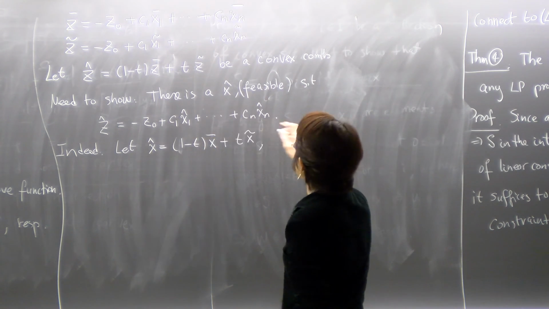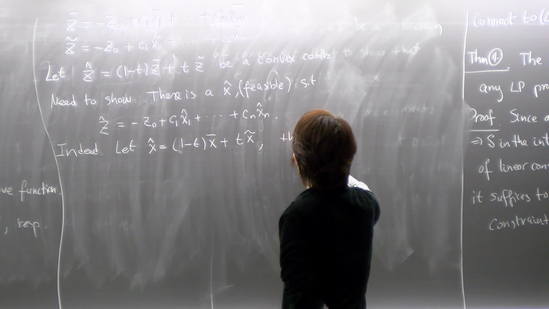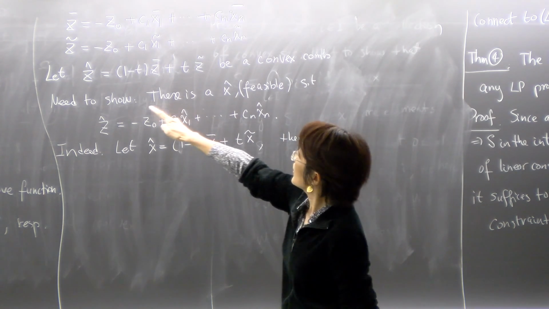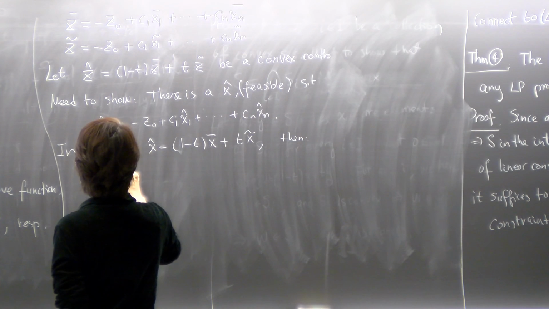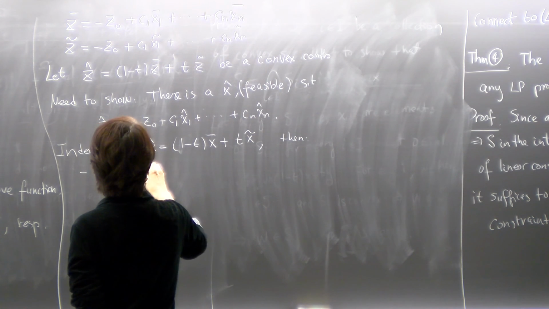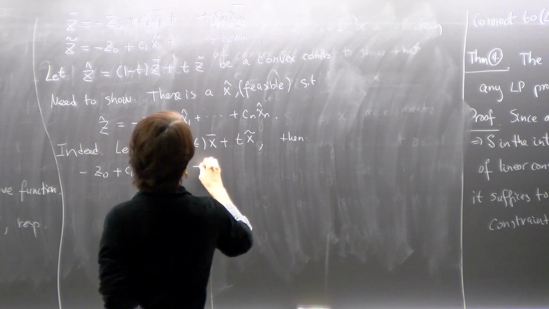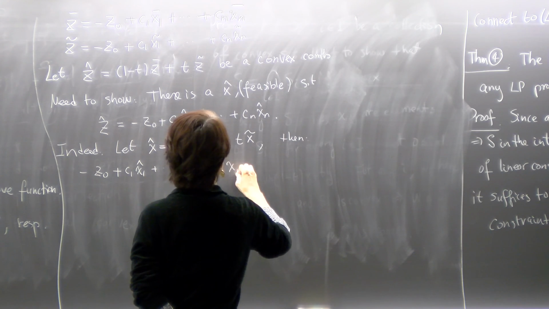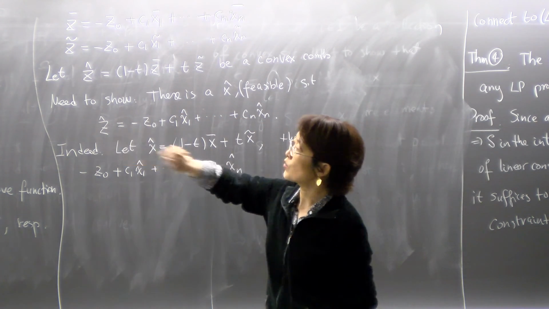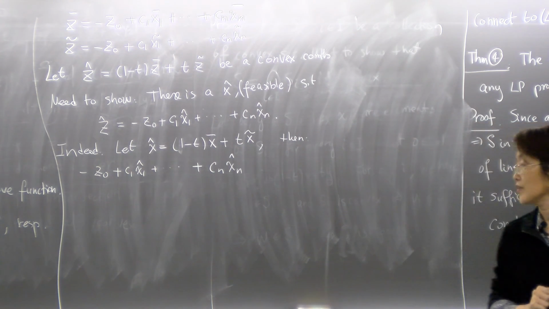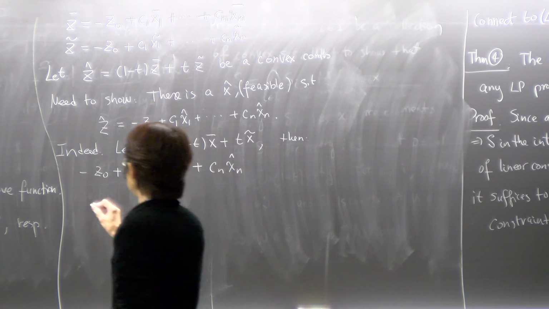So I need to show this, right? Let me copy. Negative z0 plus c1 x1 hat plus all the way to cn xn hat. I want to show that this actually equals z hat. Okay, so let's argue a little bit. How can I do that?